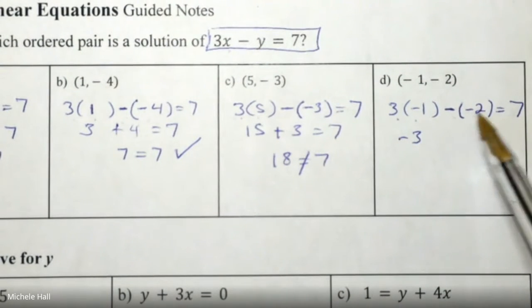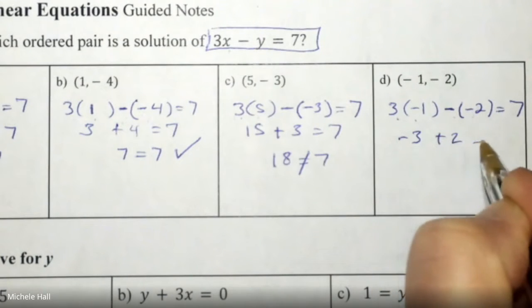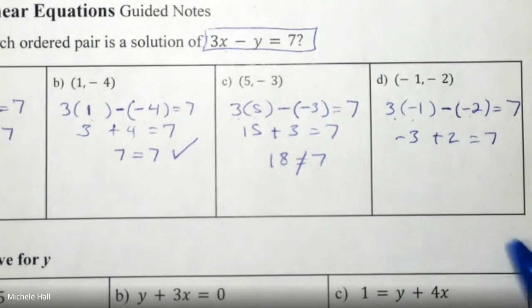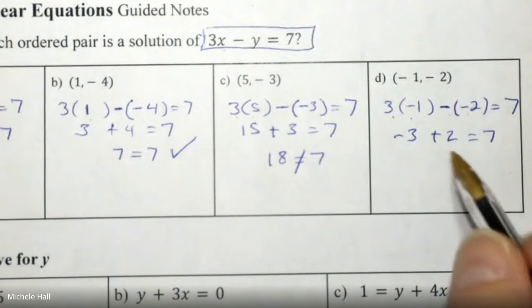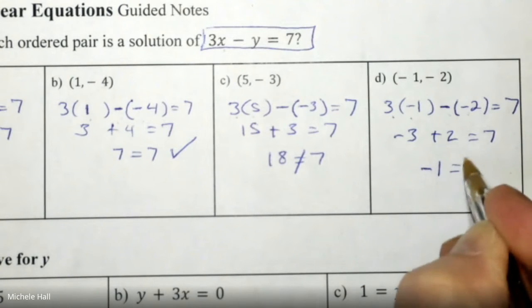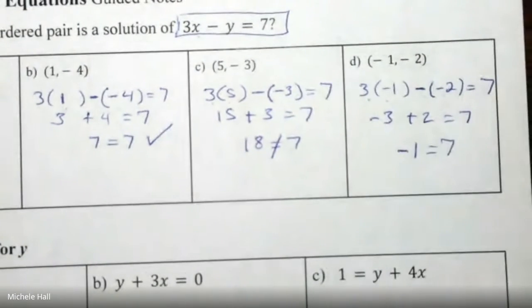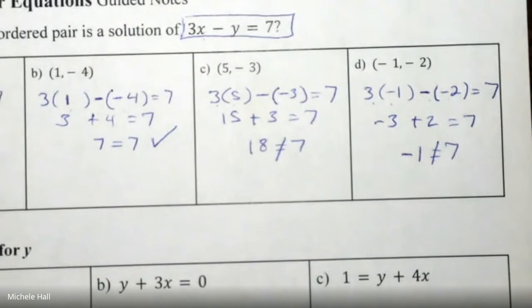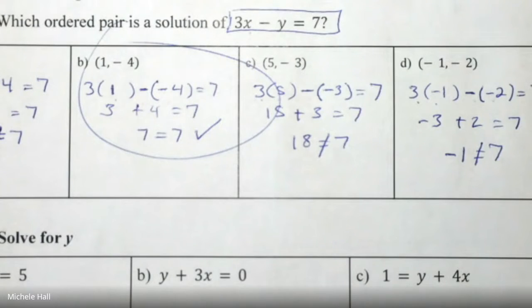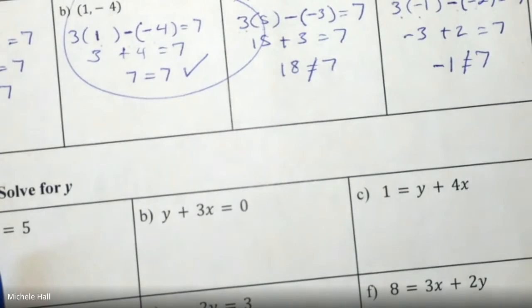Negative times negative is going to be a positive 2. Negative 3 plus 2 are different signs, so we subtract, take the sign from the larger absolute value number, and we see that only one of these are going to work. And so there we go. B is the answer.